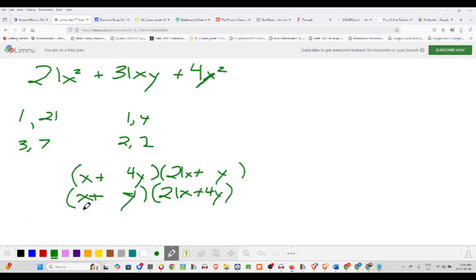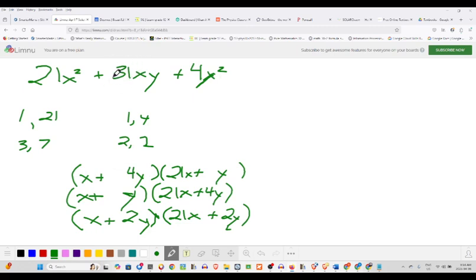If I write too quickly, then it doesn't always catch all the details in the lines. These are the 4 possibilities. If we multiply these out, they will all produce our 21x squared, or they will all produce our 4y squared.